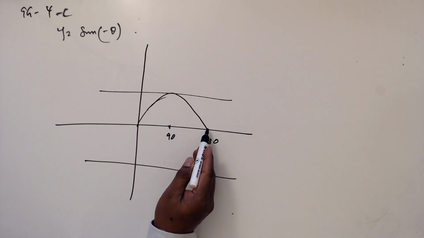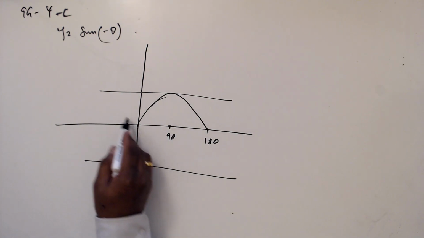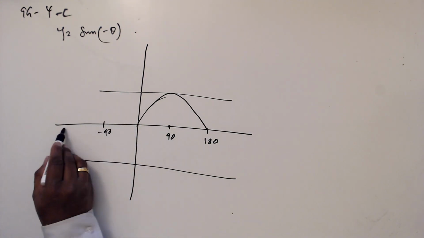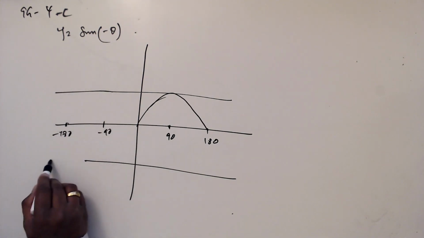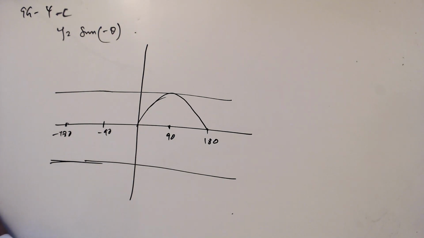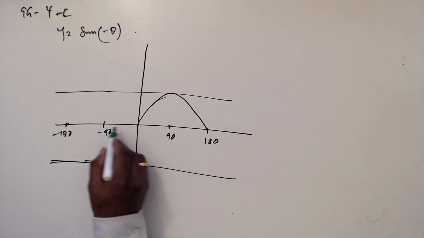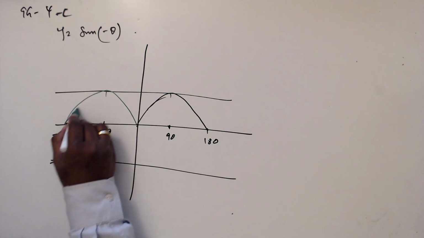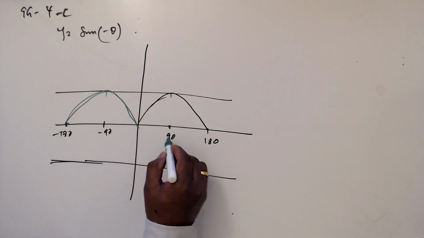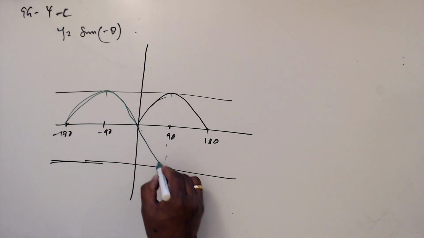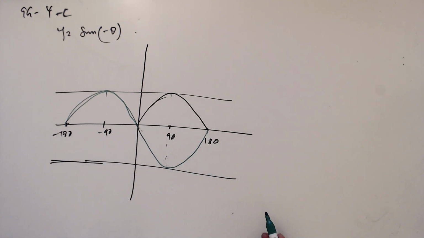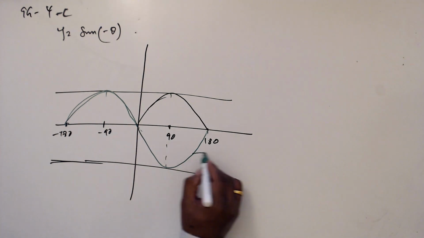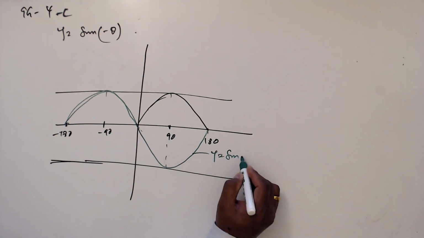Now the reflection of this one, it means this is 90, this is minus 180. So I draw the reflection like this. So this is the graph. Then when we continue, it will come like this. So this is y equal sine minus theta.